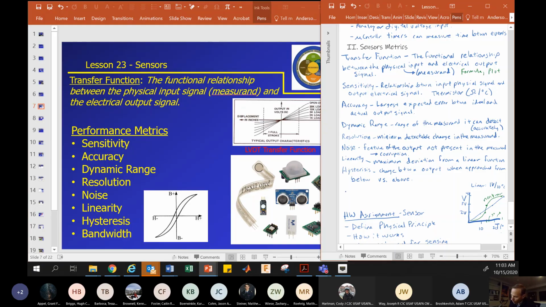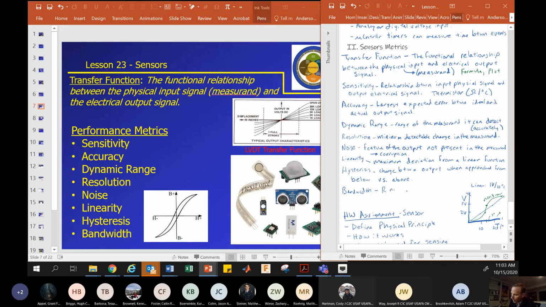Okay, last one I want to talk about is bandwidth. If you've taken system dynamics, ME325, you should have talked about bandwidth, but you may not have realized that it applies here.